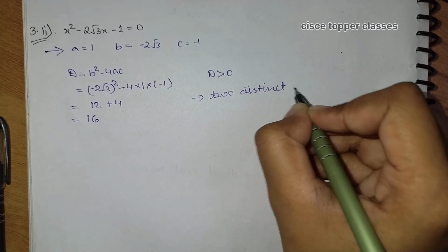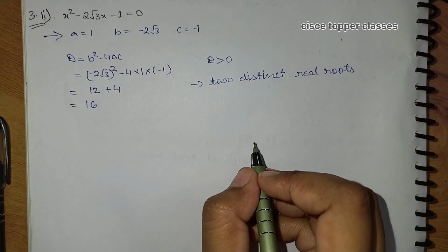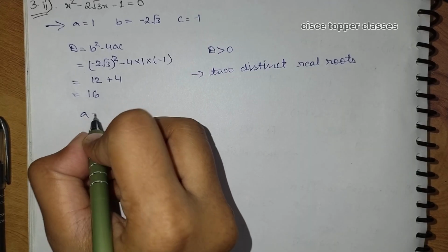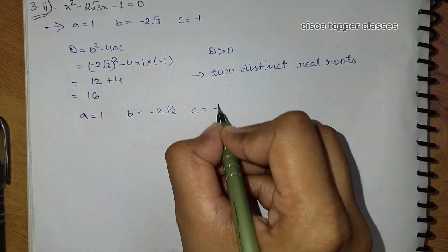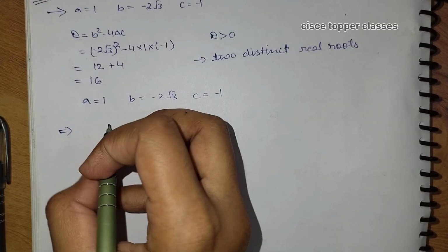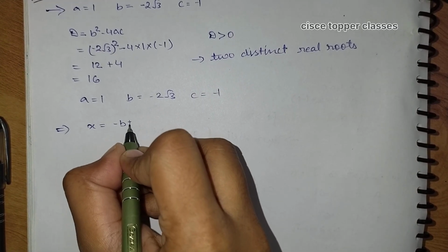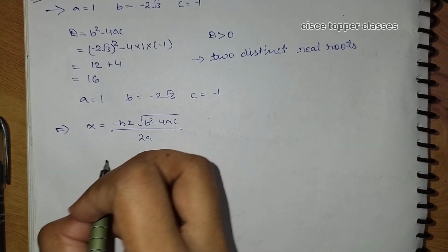Now if we are getting real roots, we also have to find the roots. So this part we can write as a given as 1, b is −2√3. We will use the quadratic formula to solve this part. So that will be x = (−b ± √(b² − 4ac)) / 2a.